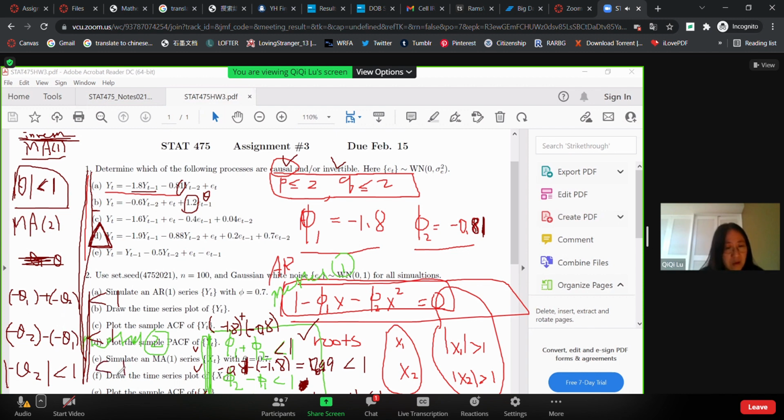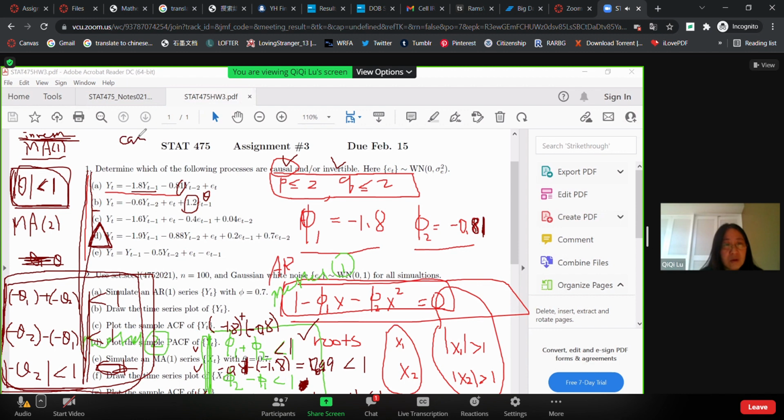So if the MA part is MA2, you check these 3 conditions. If satisfied, it's invertible. For MA1, you just have one condition here: theta absolute value less than 1 is invertible. So this is for invertibility.